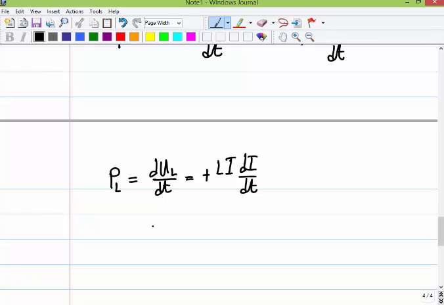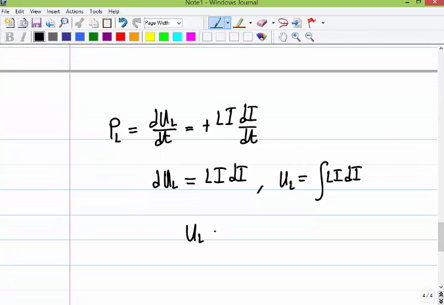Okay, so dU subscript L can be written as L i di that way. So I'm just removing the dt's, and then we can say U subscript L is the integral of L i di, like that.